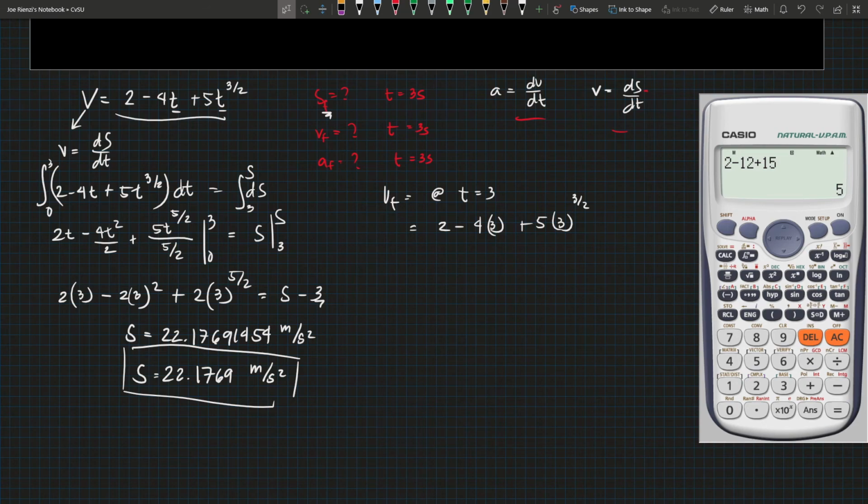Tama ba? 3 halves pala dapat. So, 5 times 3 raised to 3 halves. Yun. So, 15. So, the velocity at t equals 3 is equal to 15.98076211 meters per second.